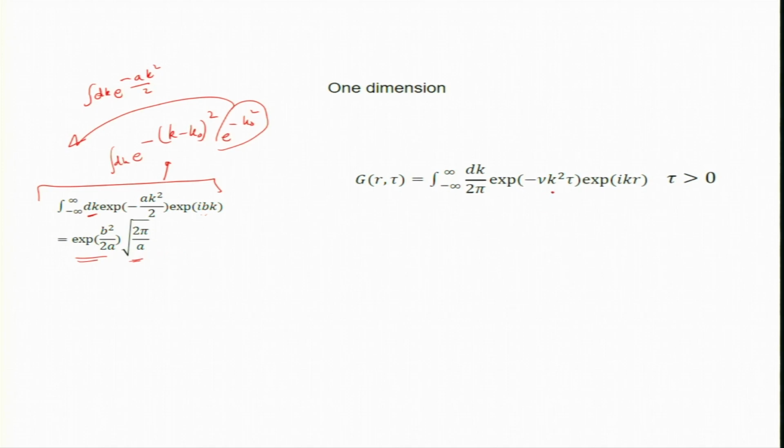You can see that a is minus nu tau by 2, two times that, compare this, is a, correct, and b is tau. Yes, just plug that in. This is my integral, minus r squared by 4 pi nu tau.